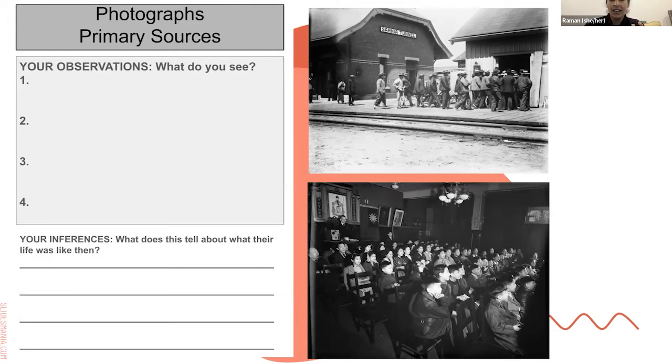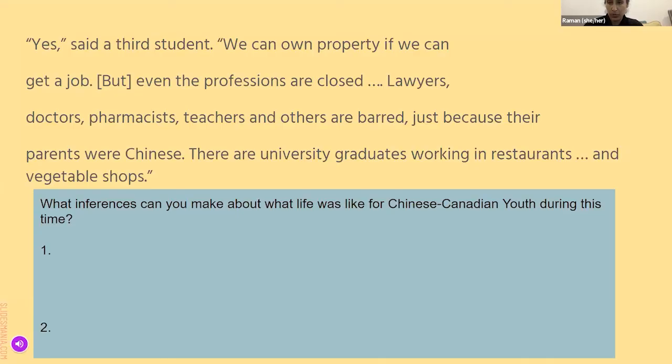And then with my current group of students, I also wanted them to see that primary sources can move past photographs. So in this case, this was taken from the Thinking Consortium, and they had quotes from Chinese Canadian youth during the early 1900s.